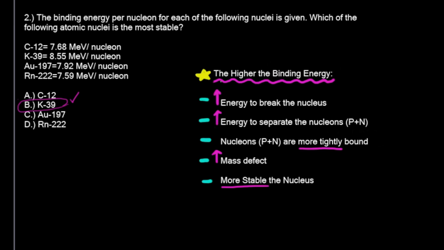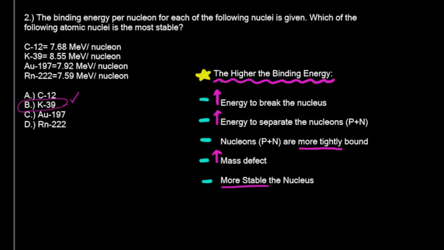So here's the answer to this question. We said before that a higher binding energy means that more energy is released when protons and neutrons come together. And if more energy is released when protons and neutrons bind, this means that the nucleons are held more tightly in the nucleus, which makes the nucleus more stable.